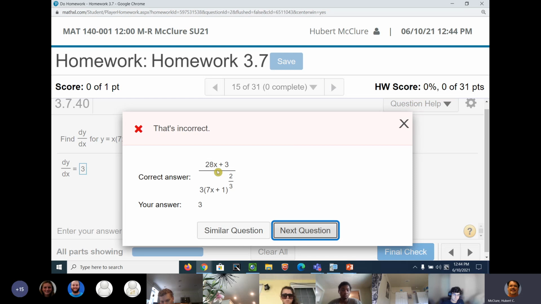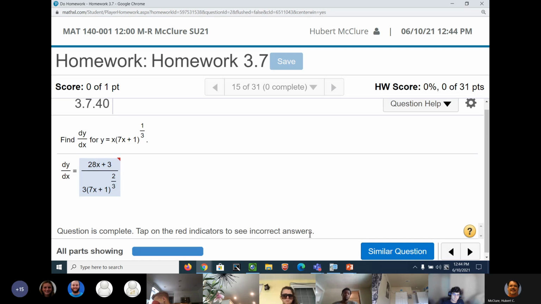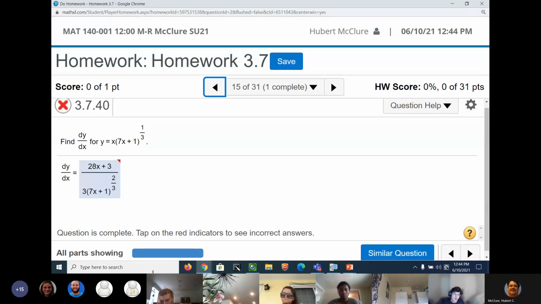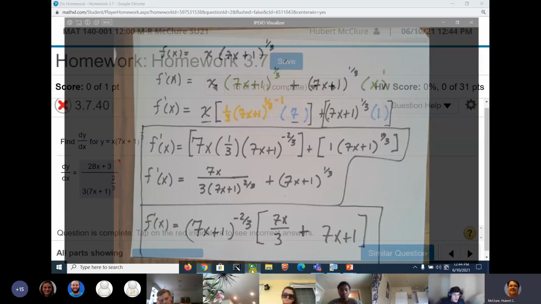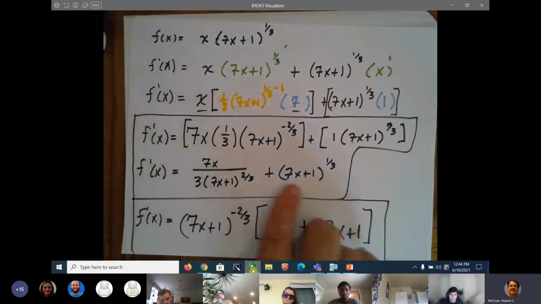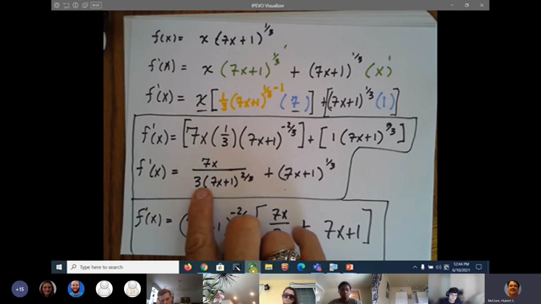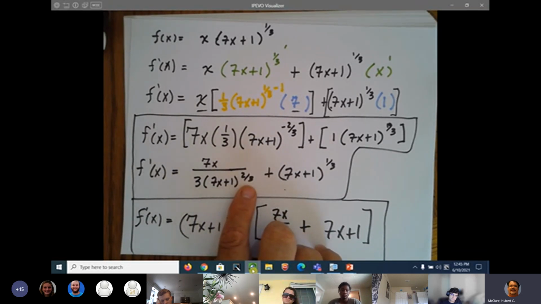They got one denominator. Yuck. Okay, I'll show you what they did. Right here, they got a common denominator of 3 times 7x plus 1 to the 2/3.